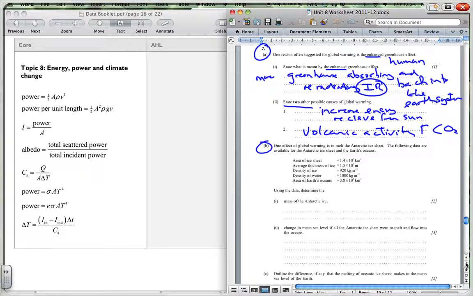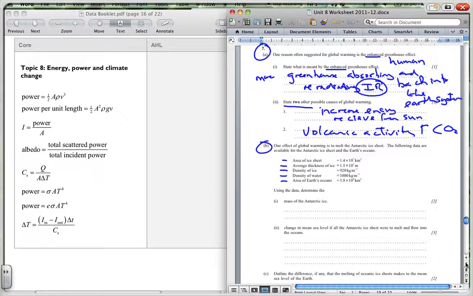B. One effect of global warming is to melt the Arctic ice sheet. The following data are available for the Antarctic ice sheet and the Earth's ocean. So we get given here the area of the ice sheet, the average thickness of the ice sheet, the density of ice, the density of water, and the area of the Earth's oceans. But what you've got to be careful with here, notice that you've got kilometers squared, you've got meters, and you've got meters cubed.